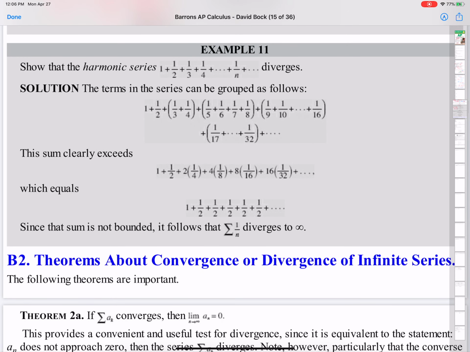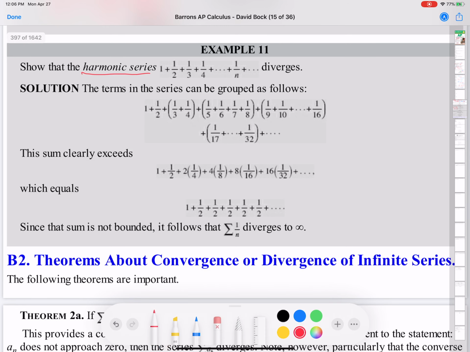Example 11. Harmonic series. What does the harmonic series mean? It is a p series when p equals 1. Right? This is a harmonic series. That means sigma k equals 1 to infinity of 1 over k to the p power, right? It's a p series with p equals 1.